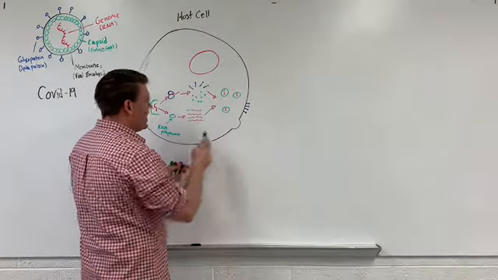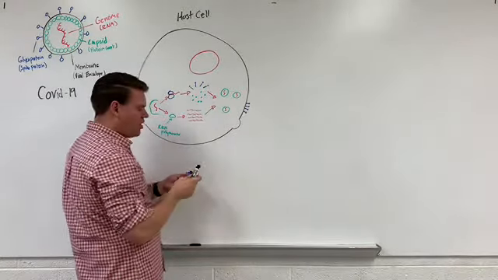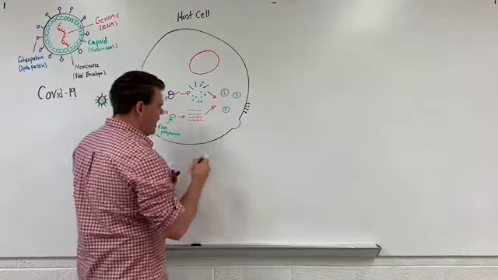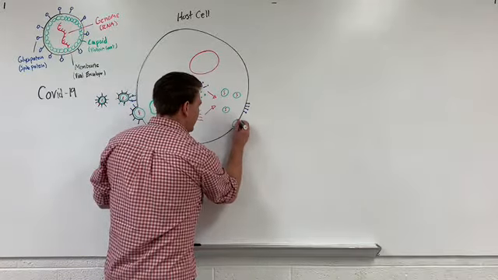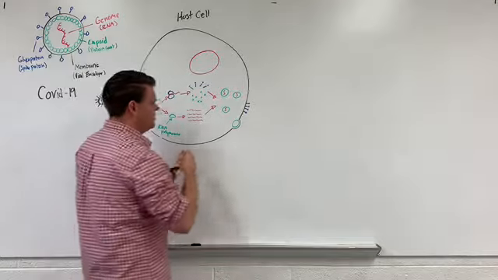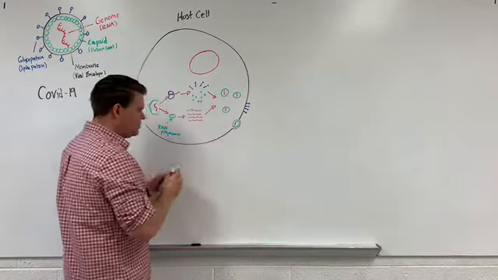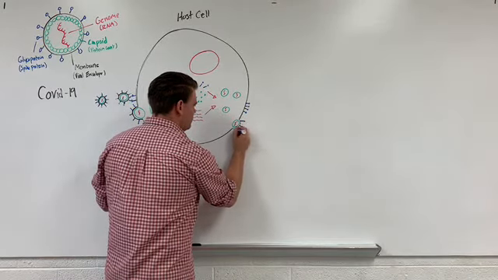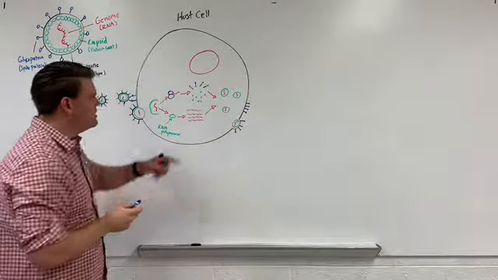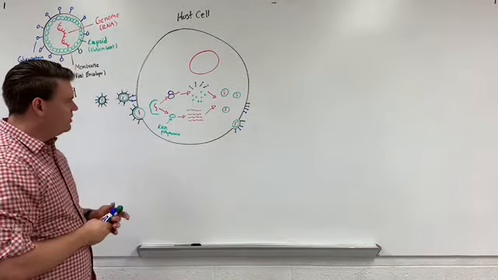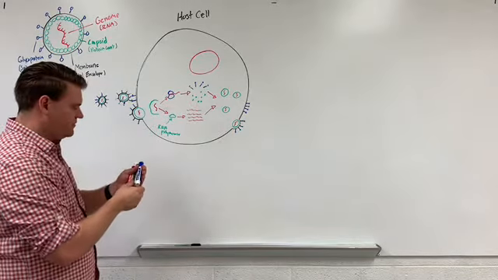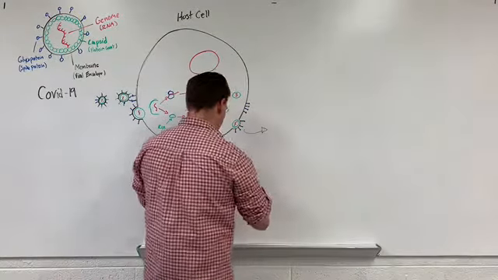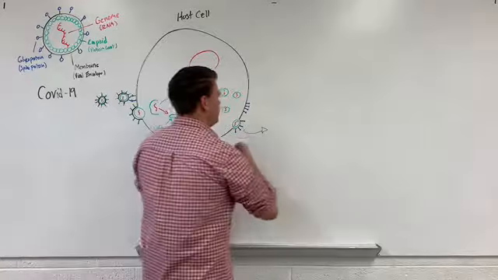We start to get our capsids coming together and around our new viral RNA. And then our virus is going to bud out where these viral areas are all coming together. So eventually you end up having new virus that comes about.